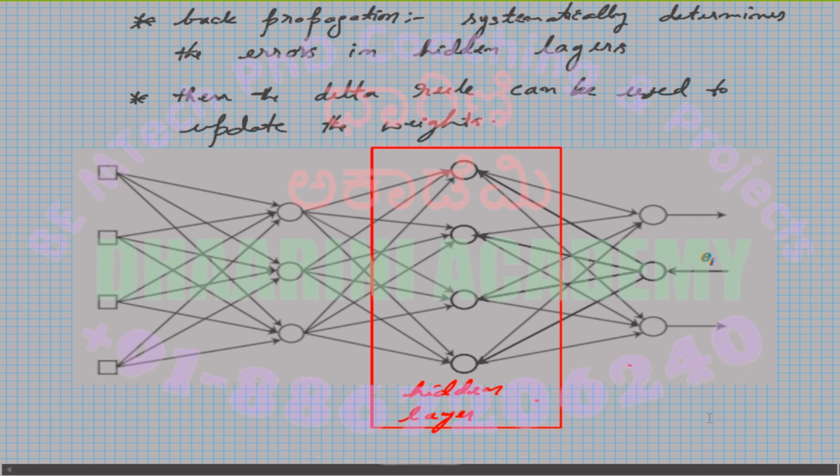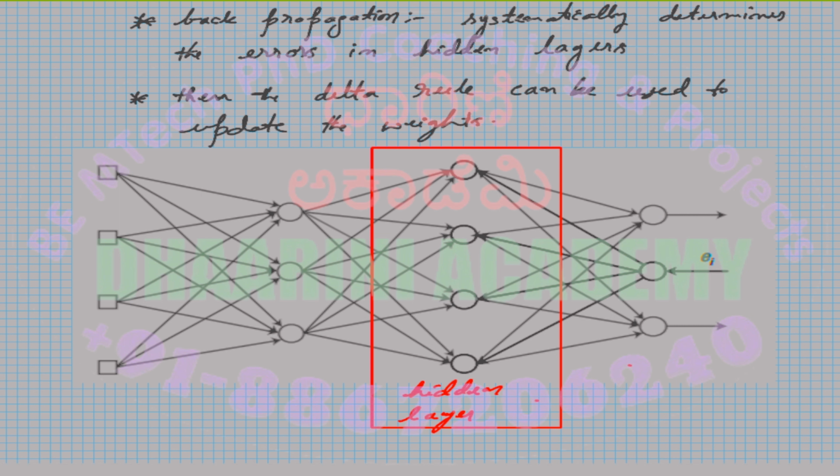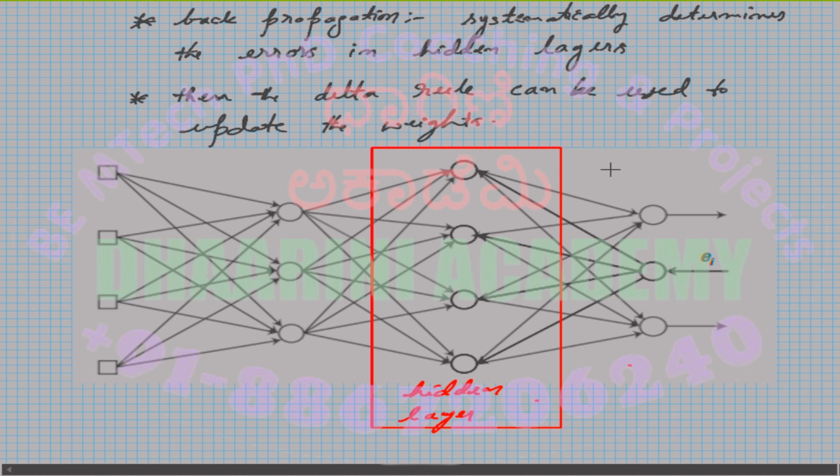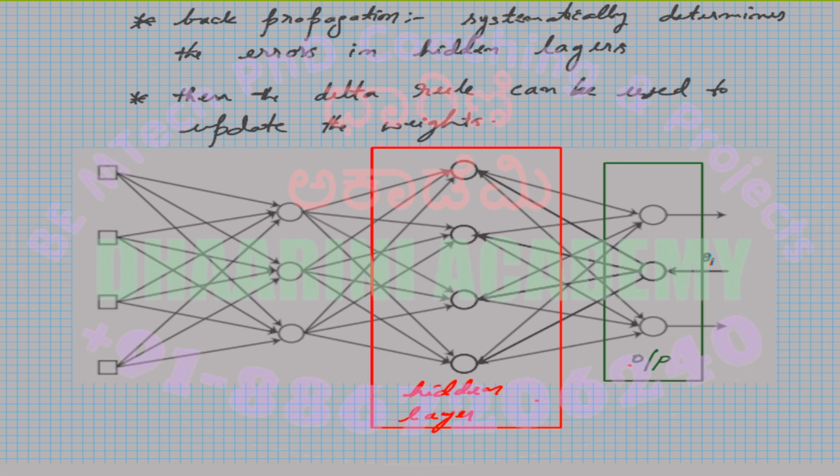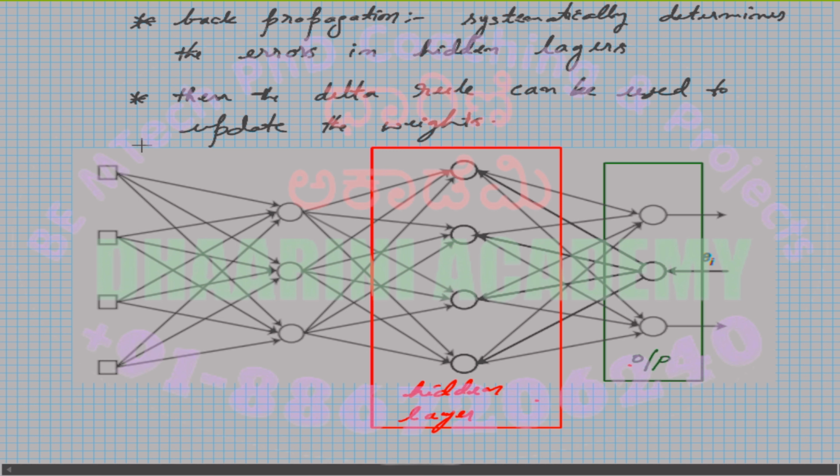Fine. And I will mark the various layers as well so that it becomes easier for us to analyze what is happening. So this layer is which layer? This is the output layer. And let us say we have the input layer, which is collecting the inputs from various sources. So this is your input layer.